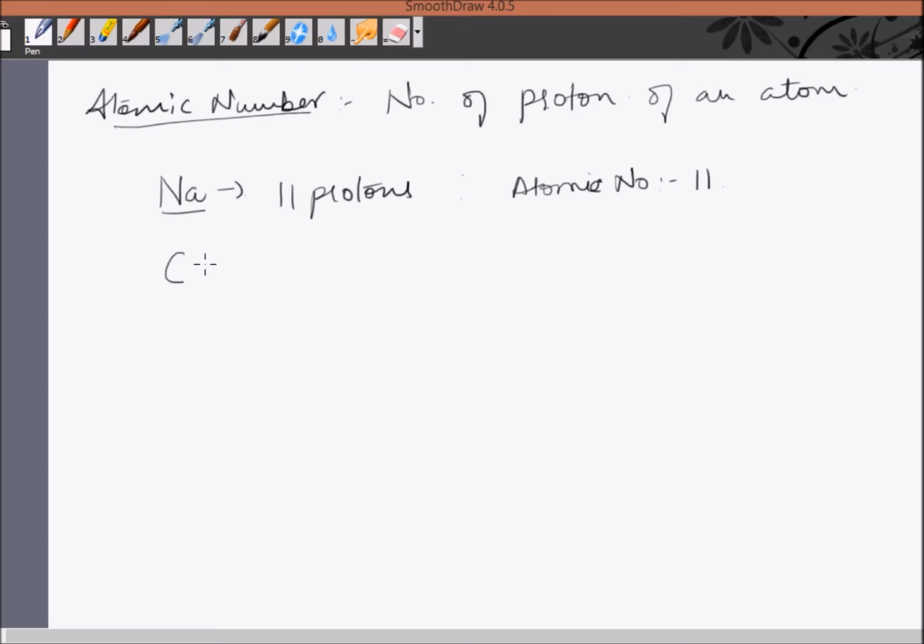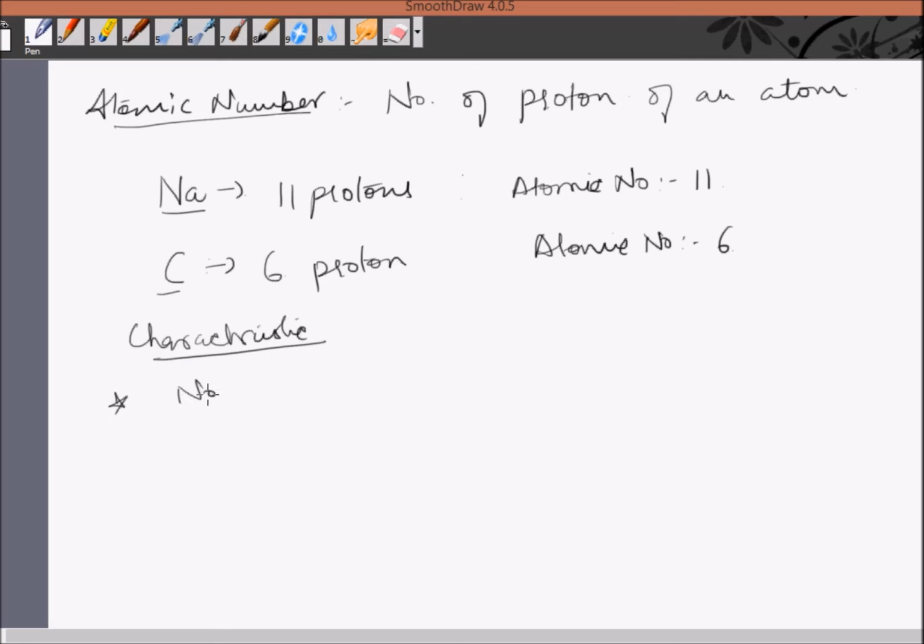So if you see, this is carbon. Carbon has 6 protons, so the atomic number will be 6, right? So what are the characteristics?